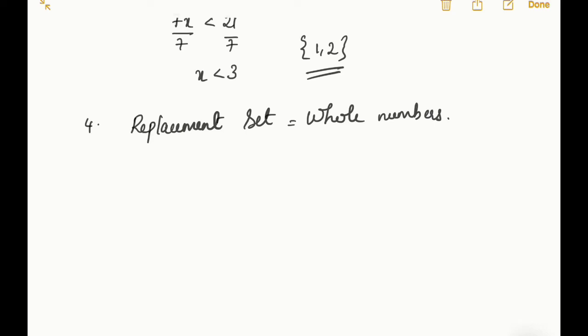So let me do the first sub question from that. X plus 7 less than or equal to 11. So x is less than or equal to 11 minus 7, that is 4. So it's set of whole numbers. What are the terms coming less than? X is less than or equal to 4. 0, 1, 2, 3 and 4. Okay.